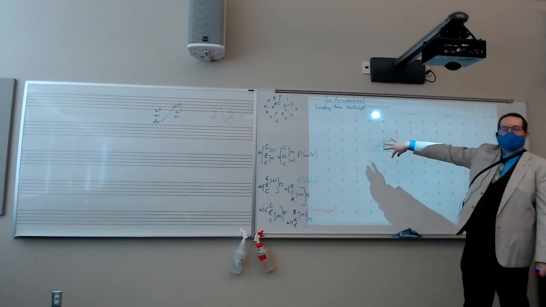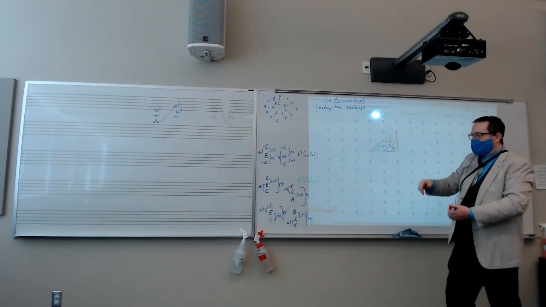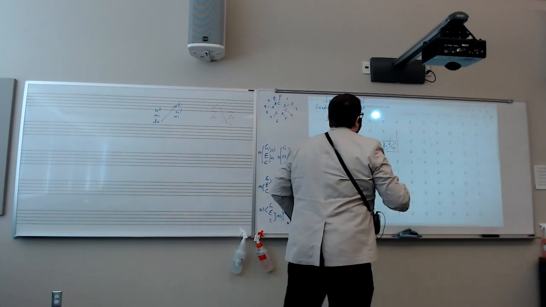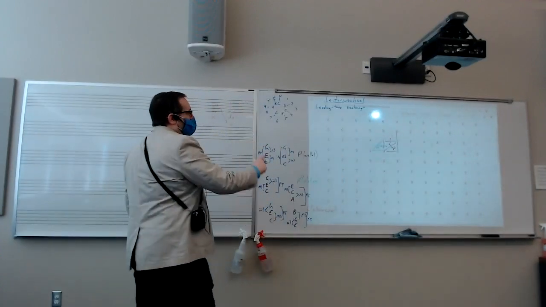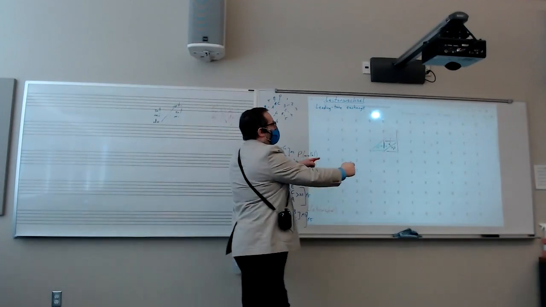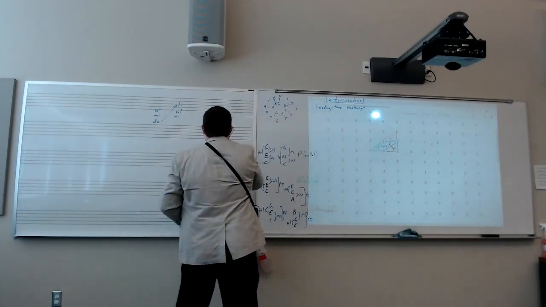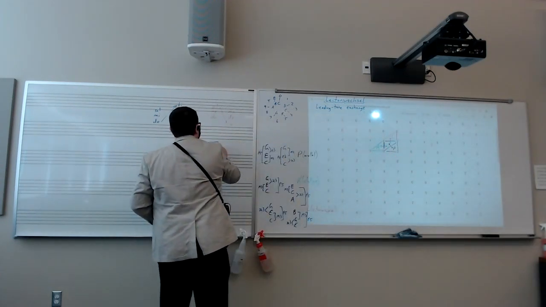If I were to reorient the tone network, by the way, I could rotate it so that it's pointing this way. I just want to do something with this because it makes me happy. I'm going to flip so that the blue lights down.